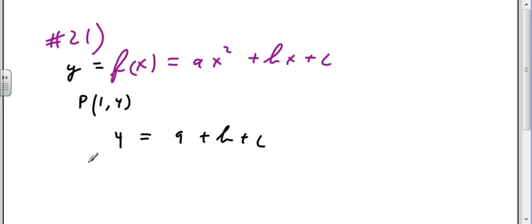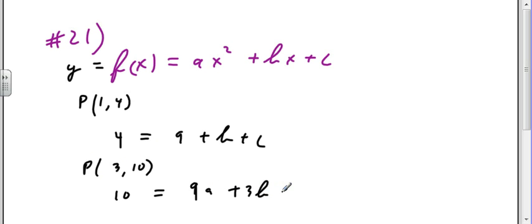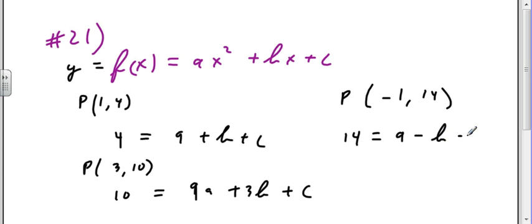When I look at point 3, 10, I see that 10 is equal to 9a plus 3b plus c. And when I look at the third point, minus 1, 14, I find that 14 is equal to a minus b plus c.